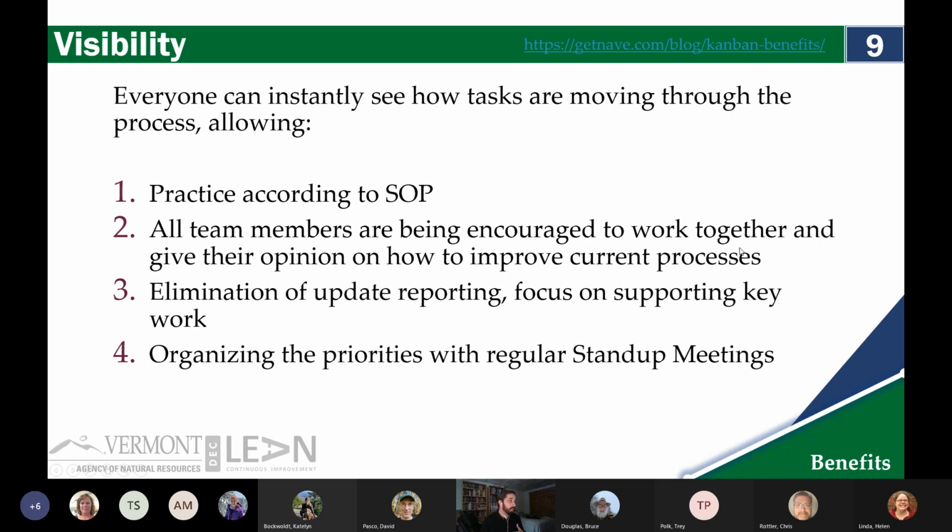It encourages teamwork to give their opinion on how to improve current processes. A lot of times, one member of a team could be in the dark compared to the rest of the team and the things that they're working on. But if that knowledge is spread around and everyone knows what's being worked on, it allows expertise that they might have that might be relevant to that project to come to the fore.